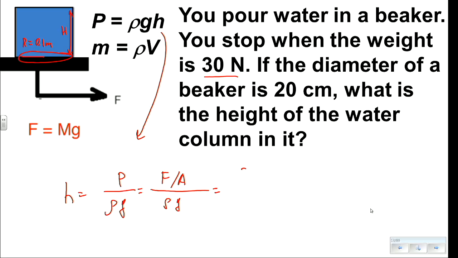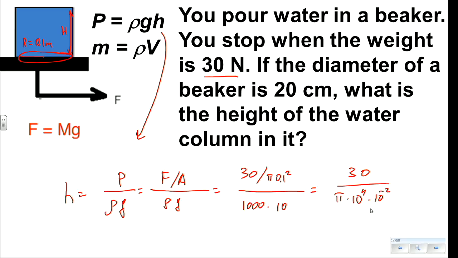So 30 newtons divided by area. Area should be equal to pi r squared. And that should be equal to the density, which is 1,000, and divided by gravity, which is 10. So 30 over pi, 10 to the fourth, 10 to the negative second.